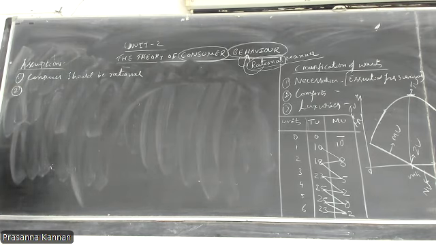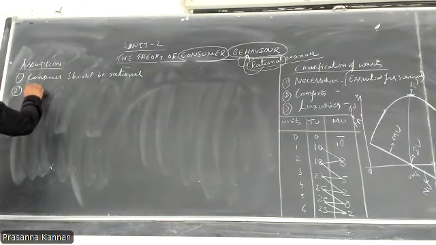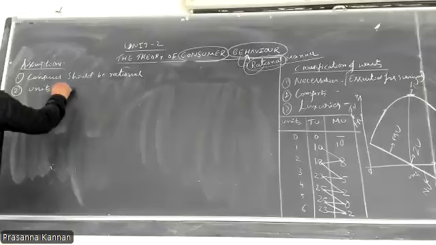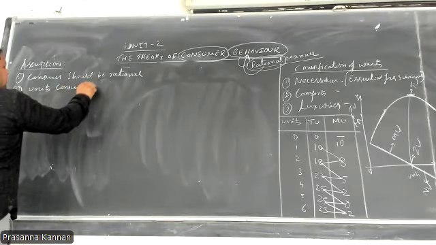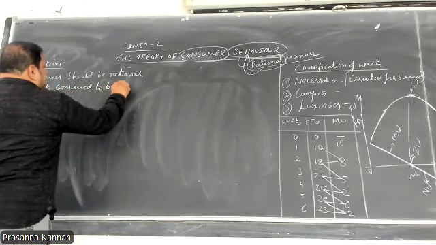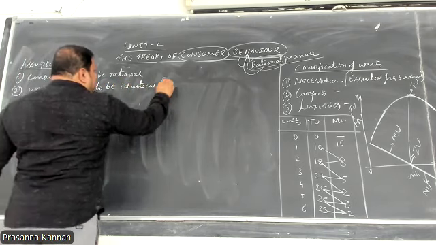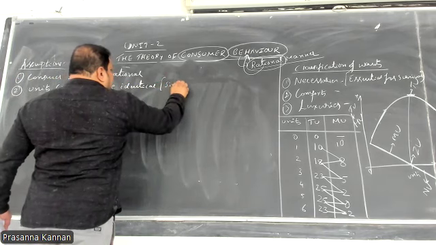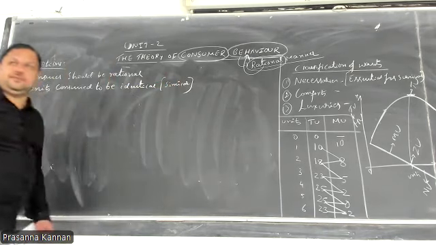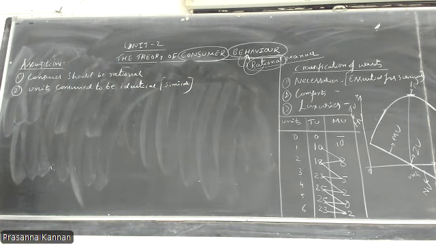Second point is that units consumed should be identical. Identical means similar. Units consumed should be identical, of any one particular commodity, as I said in the definition.